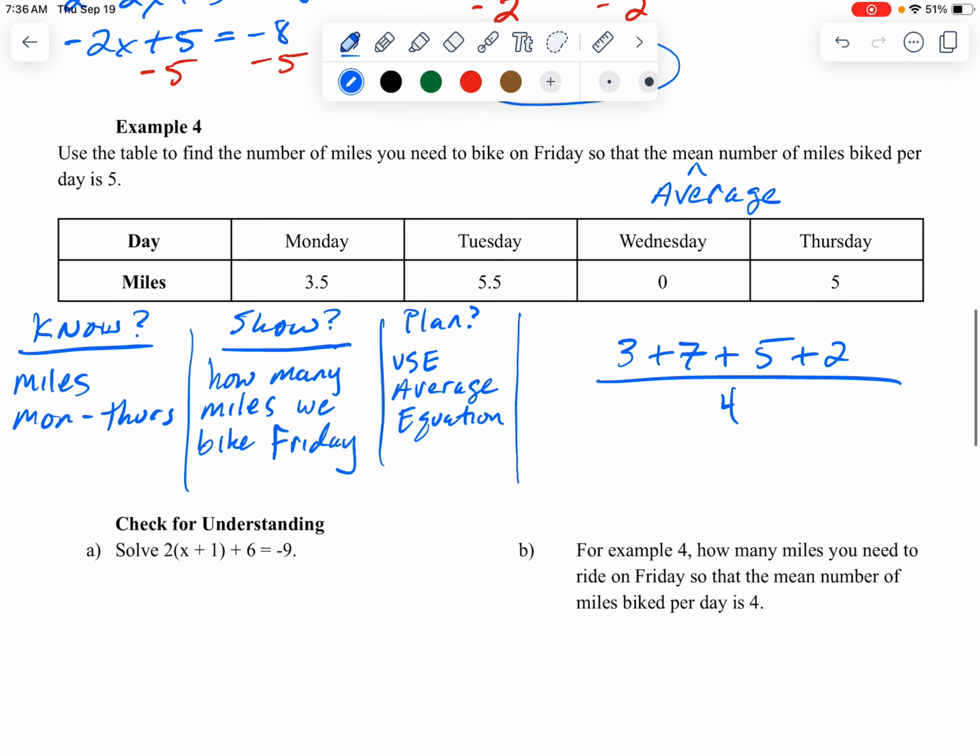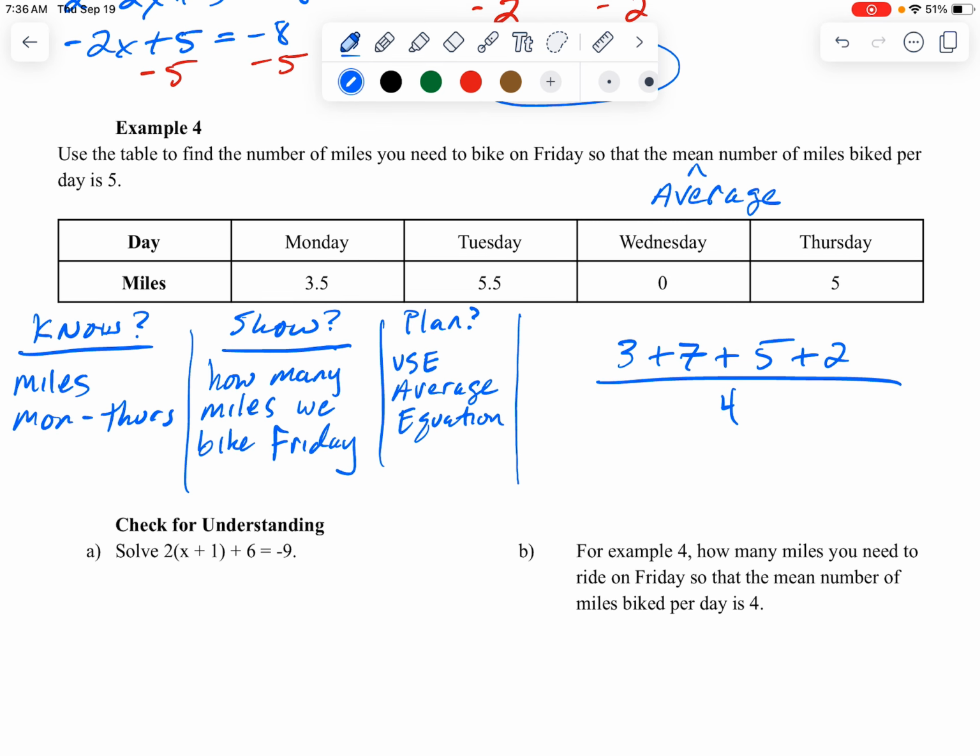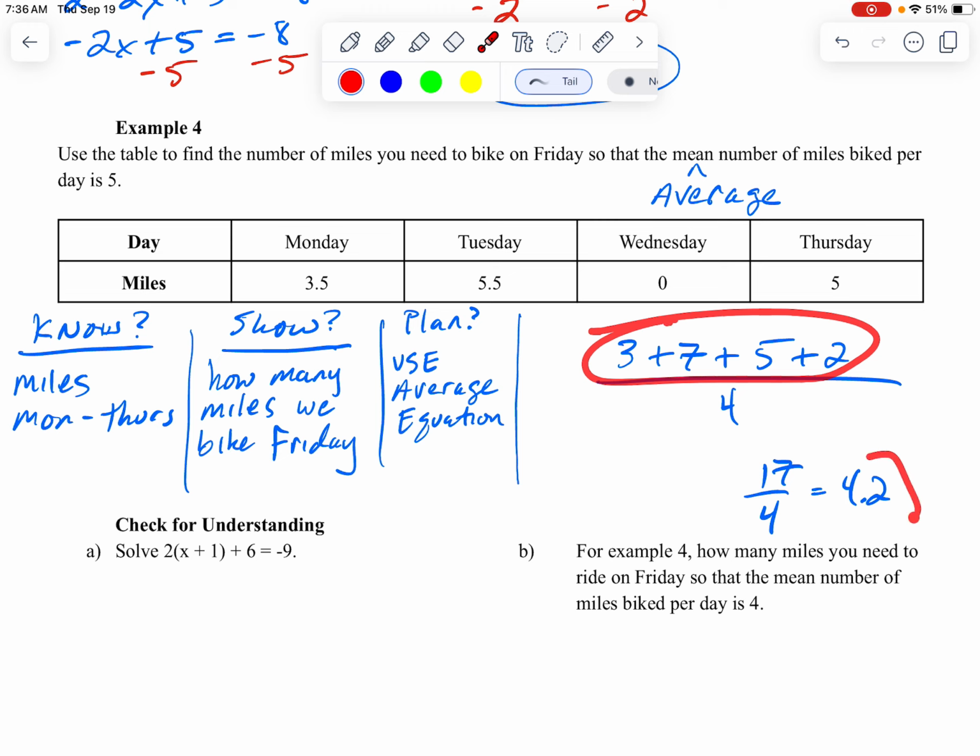I don't know if this is going to work out very nicely, I just made this up in my head. 3 plus 7 is 10, plus 5 is 15, plus 2 is 17. 17 divided by 4, if we put that in the calculator, is just over 4. So that would be like 4.2. I'm estimating here for time's sake. So the average of these 4 numbers is 4.2.